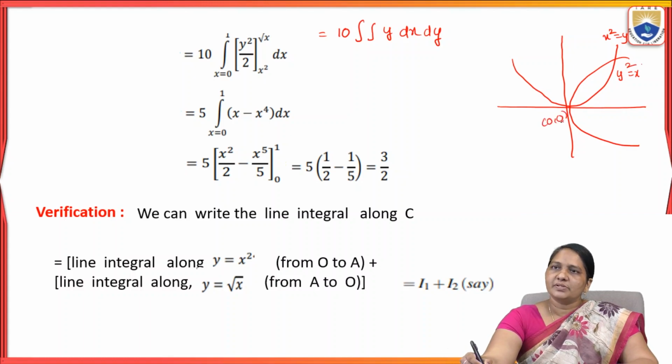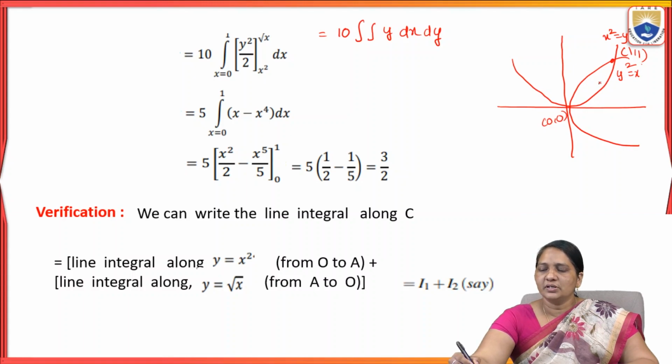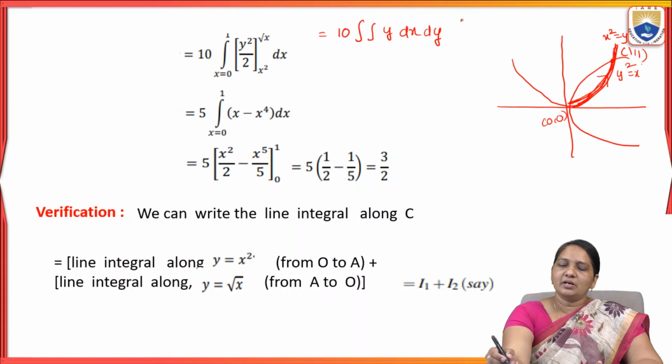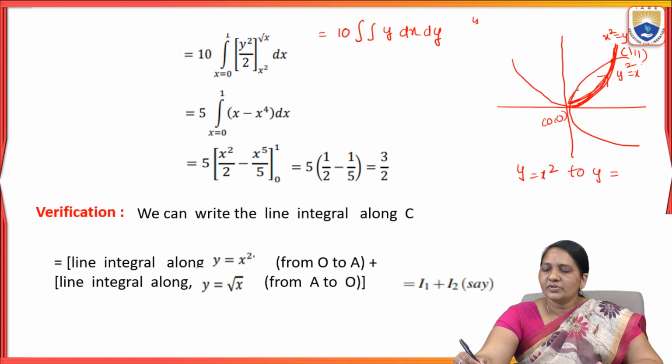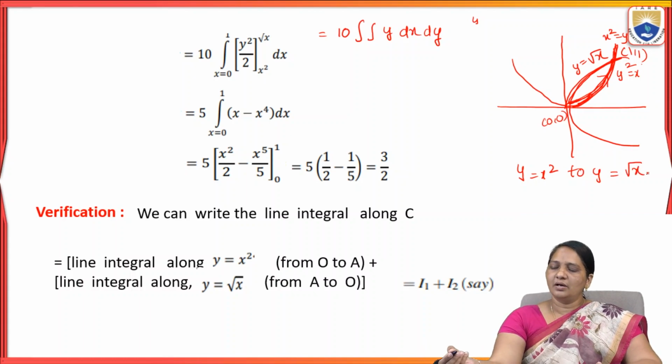This is 0 comma 0 and this intersection point is 1 comma 1. Now this curve is y equal to x square. You should remember this carefully: this curve is y equal to x square from the start. So the y limits are from x square to, on this curve, y square equal to x, which means y equal to root x. So y is from x square to root x. These are the y limits.